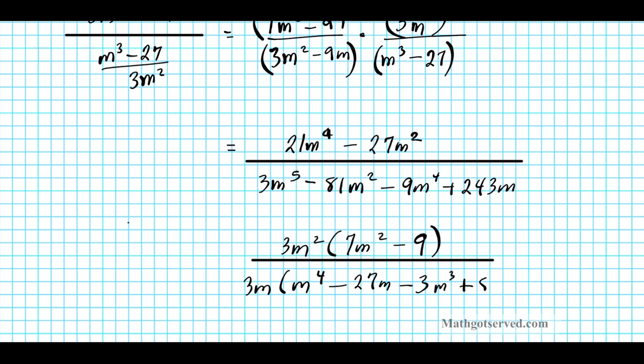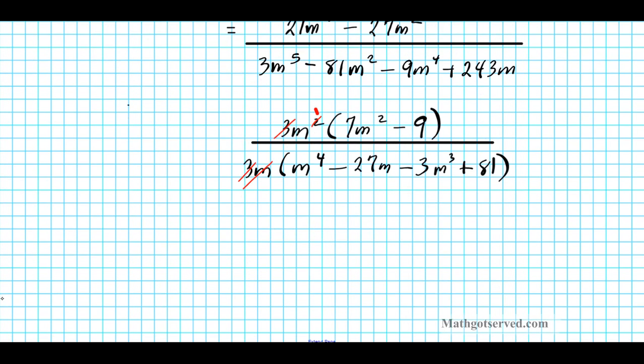27m minus 3m to the third plus 81. Okay, now we can reduce. Notice 3m goes here, takes that down to 1, and then 3 divides out. So the final answer involves just distributing m back into this quantity in the numerator, and that will be our final result. So if you distribute m back, you will have 7m to the third minus 9m.